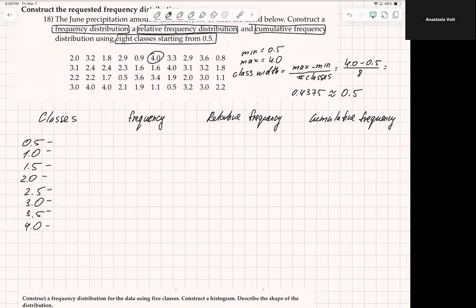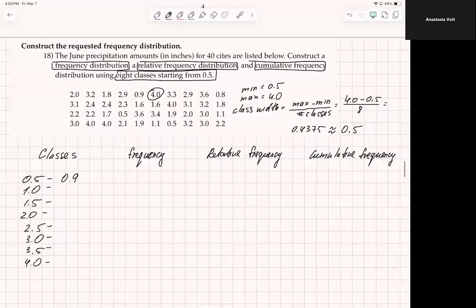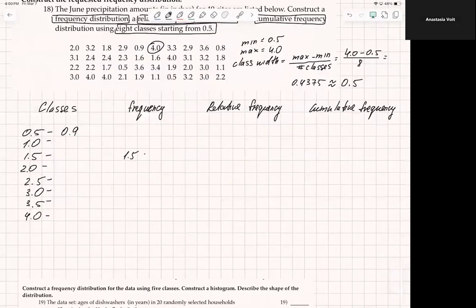Okay. Now, how do we calculate the upper limits? So upper limits would be one decimal digit smaller than the next lower limit. So we would have here 0.9, right? Next one, we have 1.5, so one digit less. So essentially we have 1.5 minus 0.1, so that's going to be 1.4.